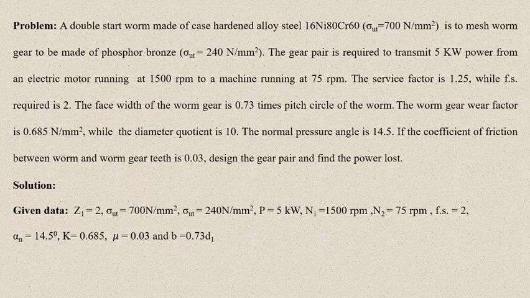The service factor is 1.25 while factor of safety required is 2. The face width of the worm gear is 0.73 times the pitch circle diameter of the worm, that is 0.73 d1. The worm gear wear factor is 0.685, that is capital K, while the diameter quotient is 10. Normal pressure angle is 14.5, that is alpha n. If the coefficient of friction between worm and worm gear teeth is 0.03, design the gear pair and find the power lost. These are the given parameters.